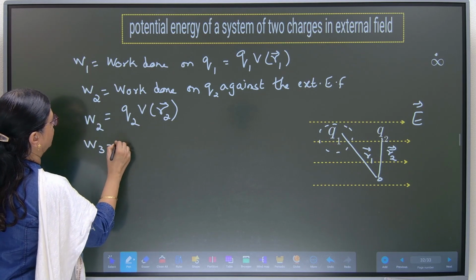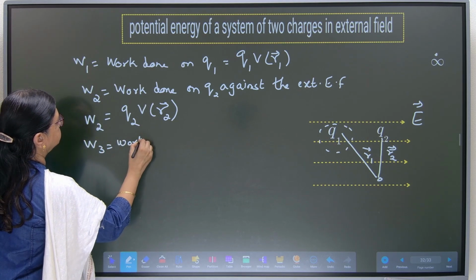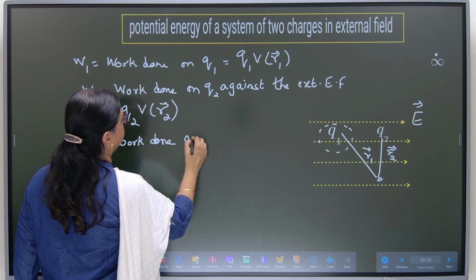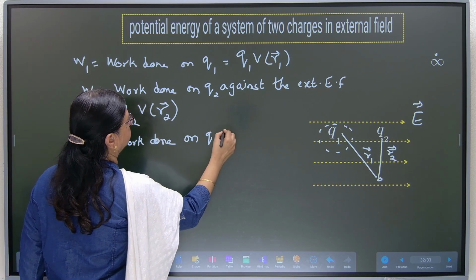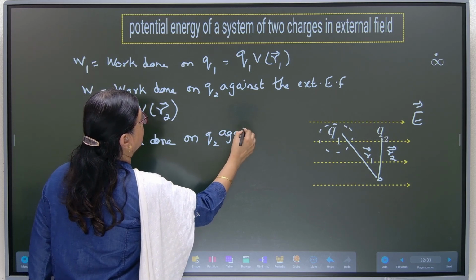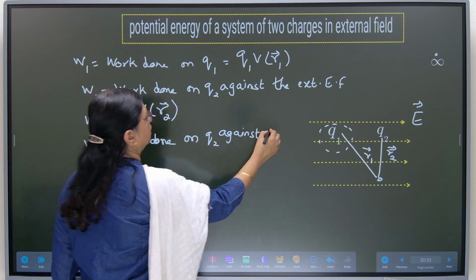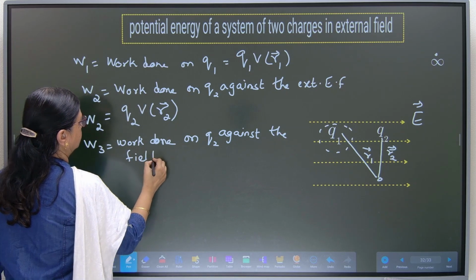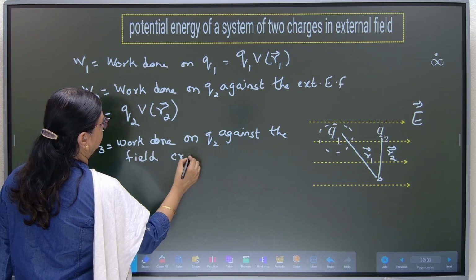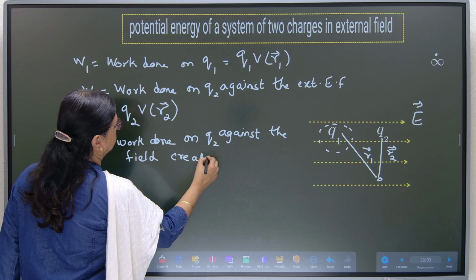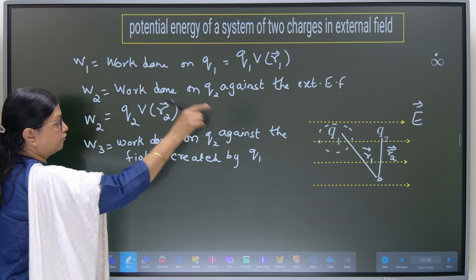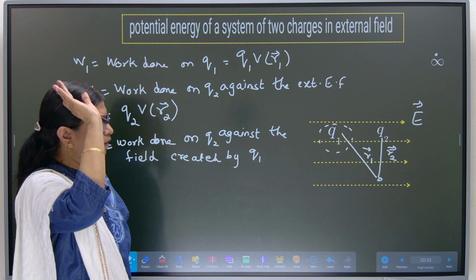So W3 is equal to work done on Q2 again, but against the field created by Q1 after coming in the external field.